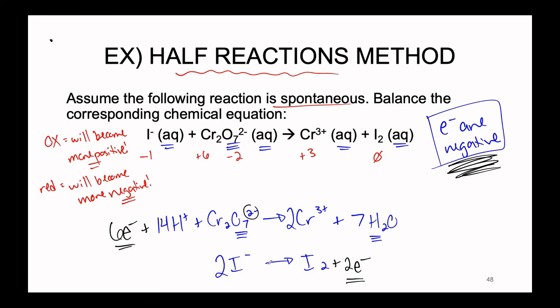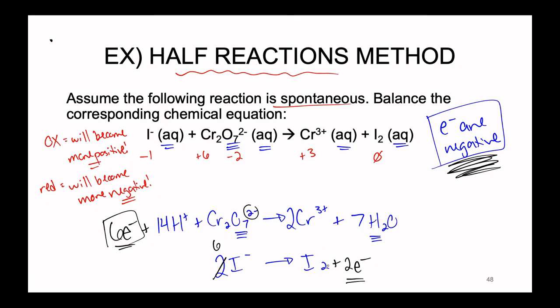This means that the iodine reaction has to go through 3 different cycles, right? It has to repeat itself 3 times in order to generate the electrons necessary for the reduction reaction to even occur. So in order to signify this with a chemical equation, we're going to have to scale up everything in the iodine reaction by a factor of 3. So we don't just need 2 I minuses, we need 6 I minuses.